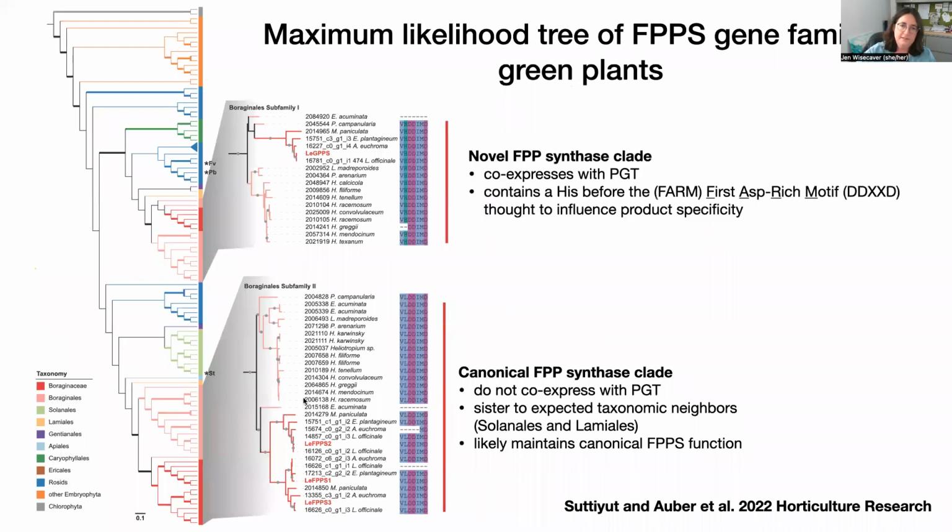In contrast, the second FPP synthase clade contains that gene of interest that I showed you in yellow that co-expresses with PGT. From now on, I'm going to refer to it as the GPPS in Lithospermum.